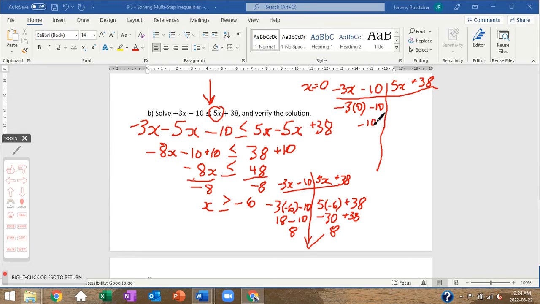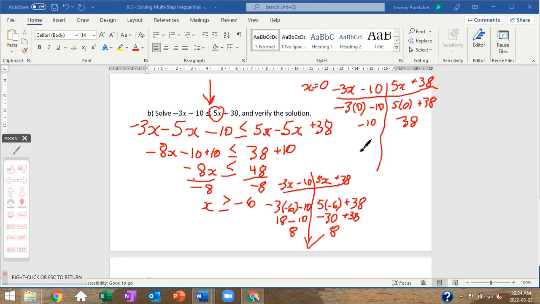And then over here we've got 5 times 0 plus 38. Guess what 5 times 0 is? It's 0. What is 0 plus 38? It is 38. Then I look back to the original inequality, not my flipped version, because that's where I plugged my value into. If I've solved this correctly, this original inequality will be true.